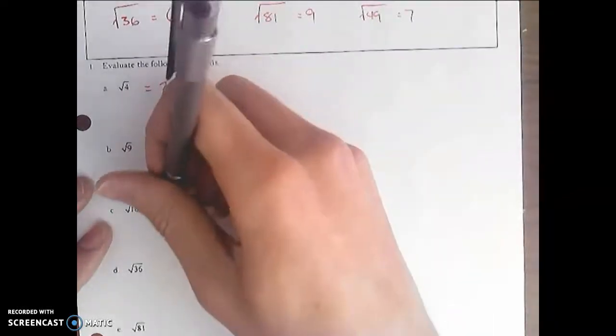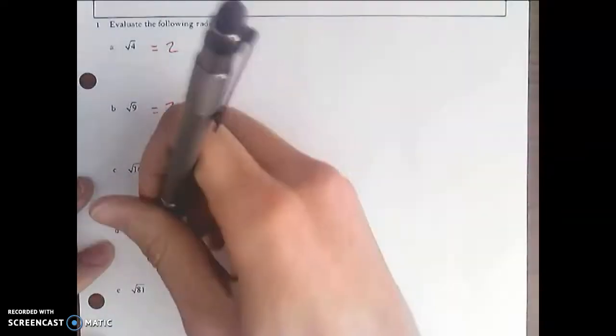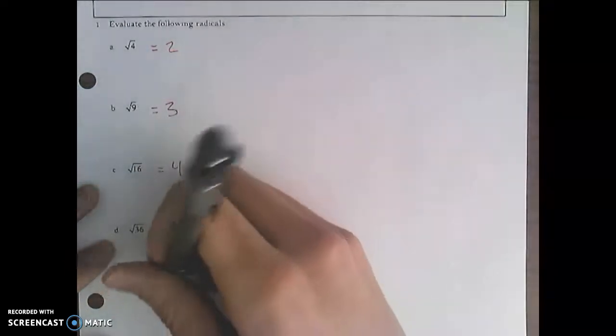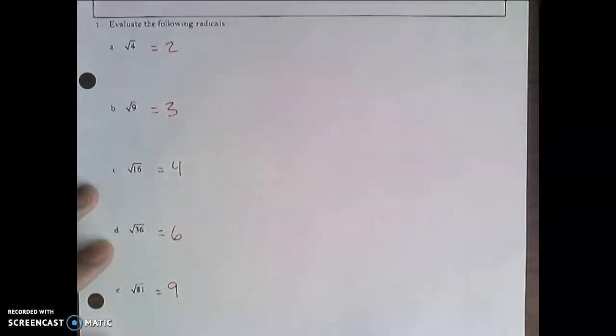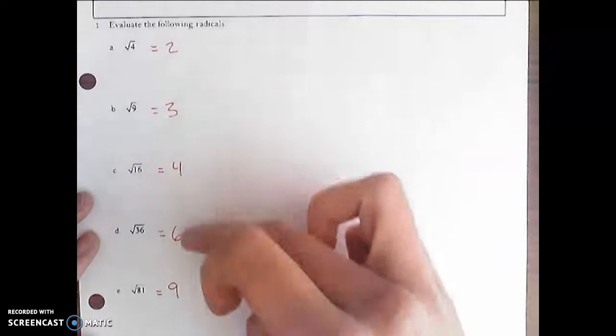That would be 4. What number times itself gives us 36? We did this one. That would be 6. And what number times itself gives us 81? That would be 9. So fortunately, all of these worked out nicely where we take the square root of each of these numbers and they give us these nice round numbers, 2, 3, 4, 6, 9, just nice even numbers.